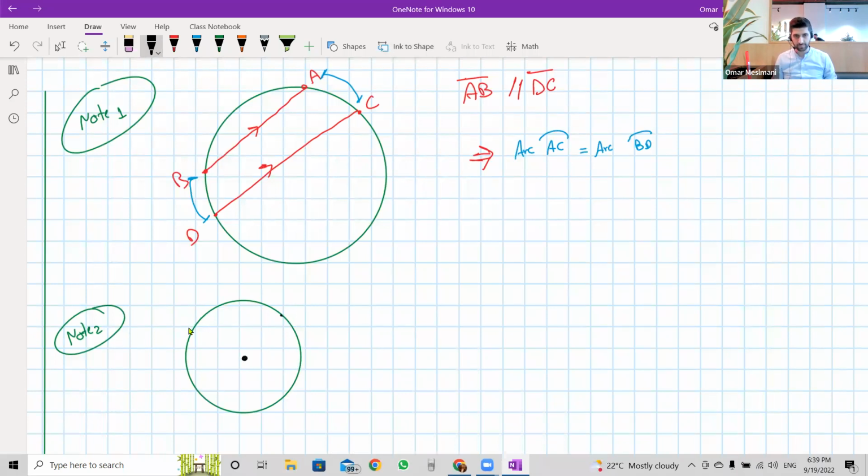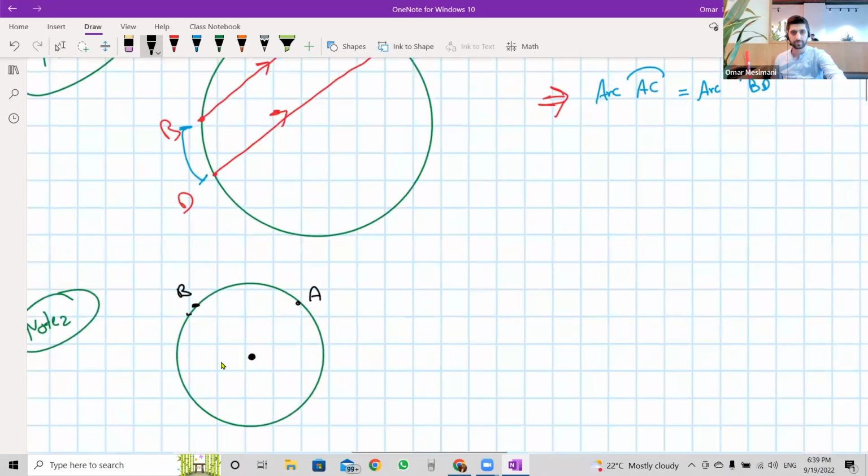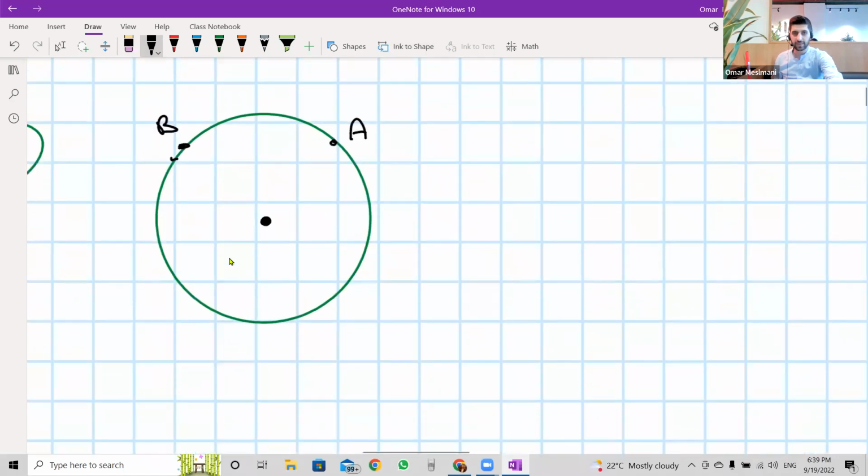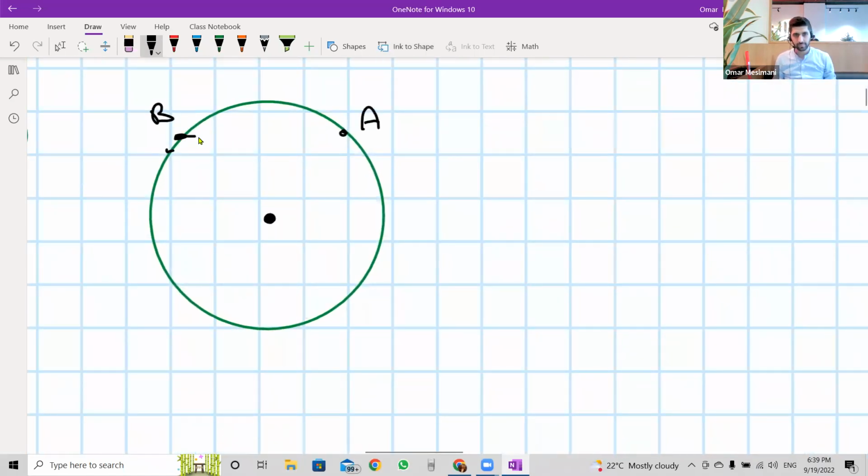If I have a chord AB, and I have a diameter passing through the center, let's call it DC.